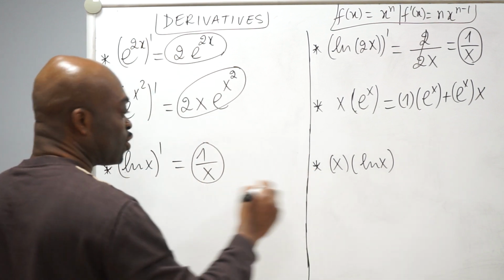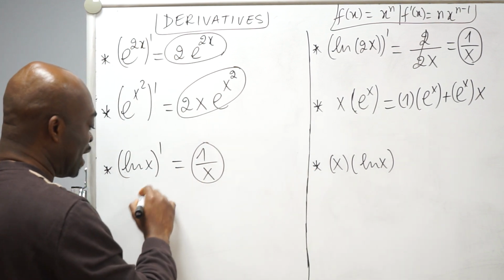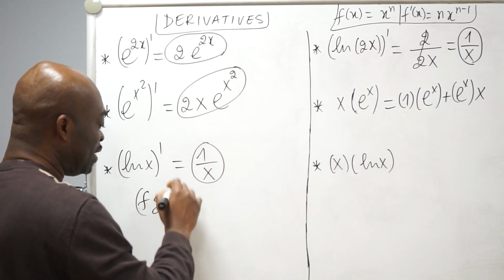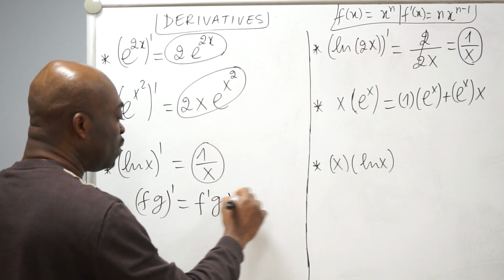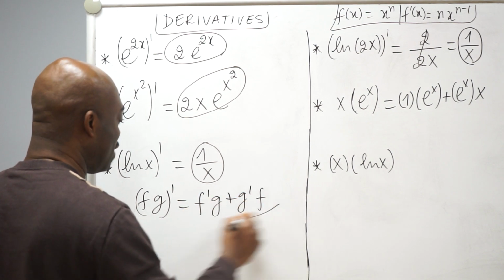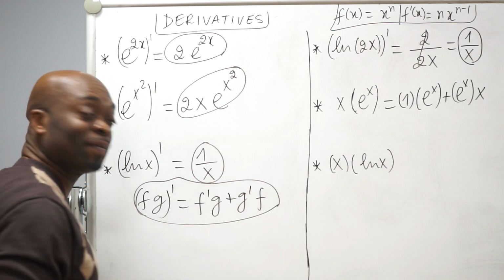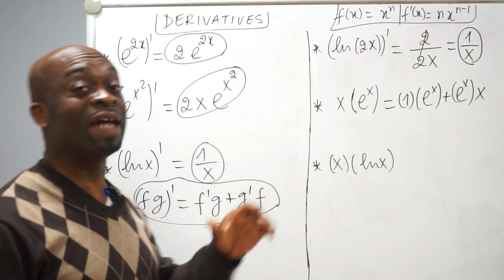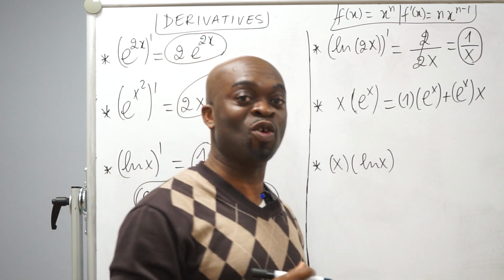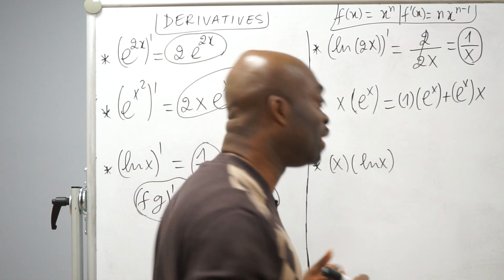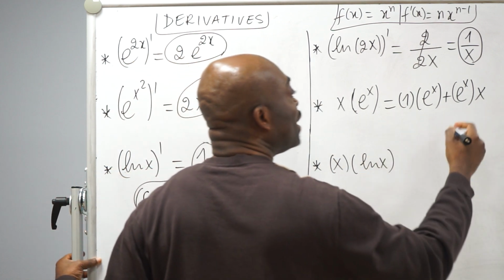So let me write it down here so you guys have it also. So that's f times g. The derivative of that is f prime times g plus g prime times f. All right? So we keep it somewhere where we can always use it. So we had it in another video before. That's the reason why I didn't put it out there again, so you guys can go back to the formulas for derivatives.